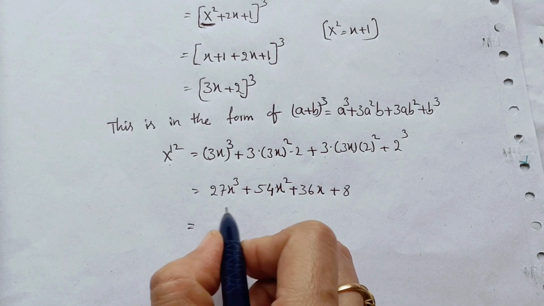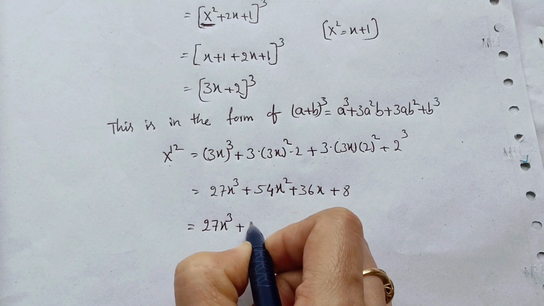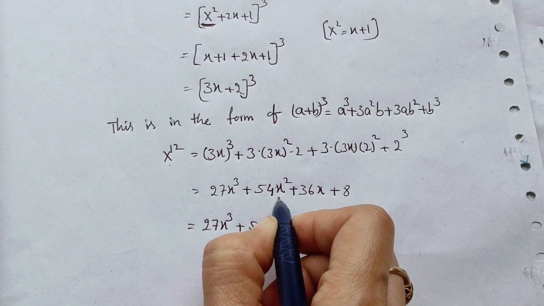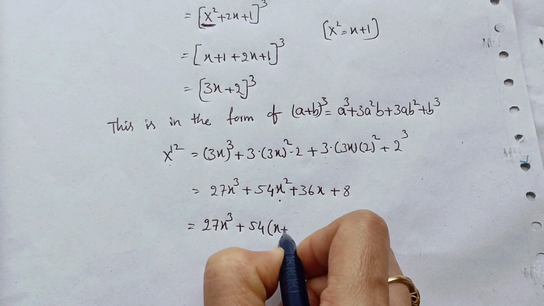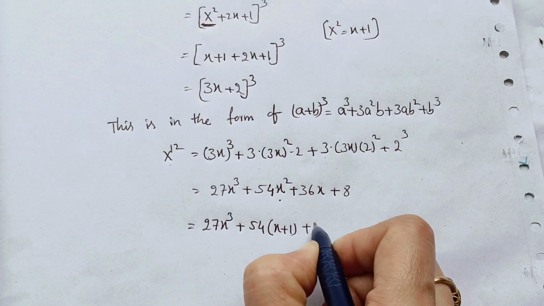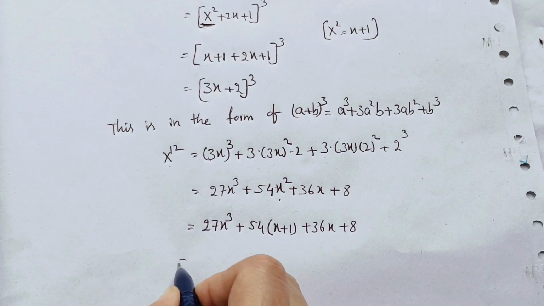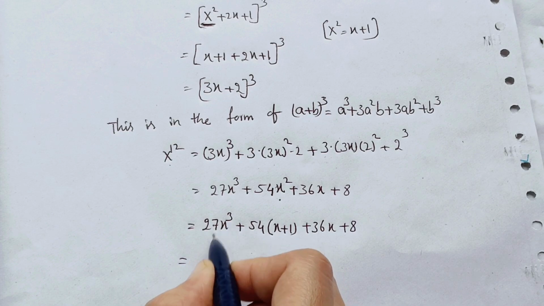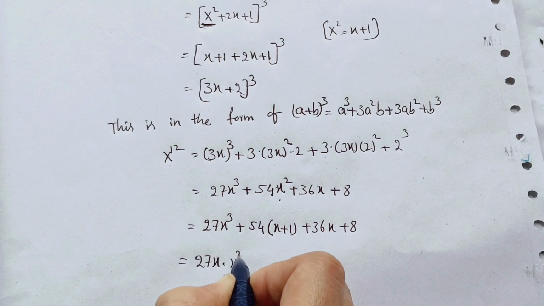The next step will be 27x cube plus 54, here x square can be written as x plus 1, plus 36x plus 8. Here 27x cube can be written as 27x into x square.